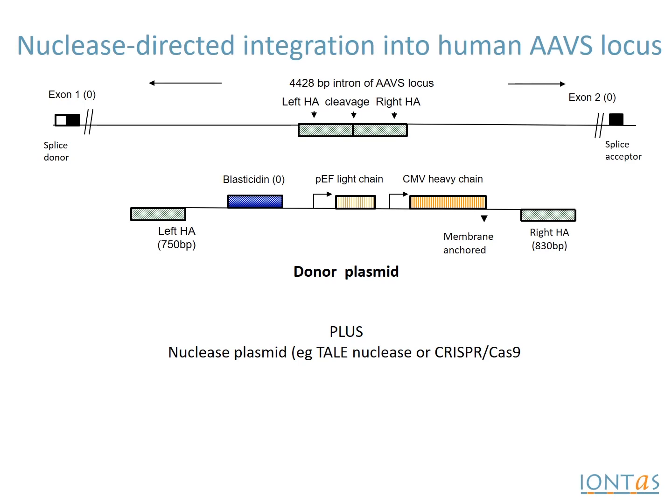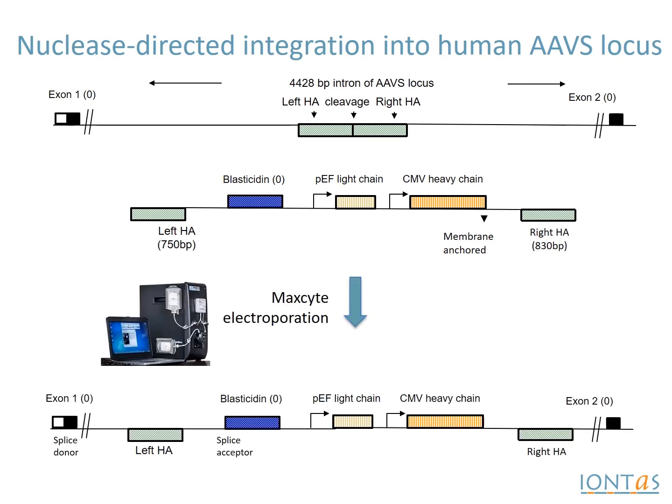The donor plasmid has relatively short homology arms of around 700 or 800 base pairs to drive the targeting of the incoming plasmid. We are typically using the MaxCyte electroporation system, which is a flow system wherein one can transfect up to 10 to the 10 cells in the course of about half an hour.